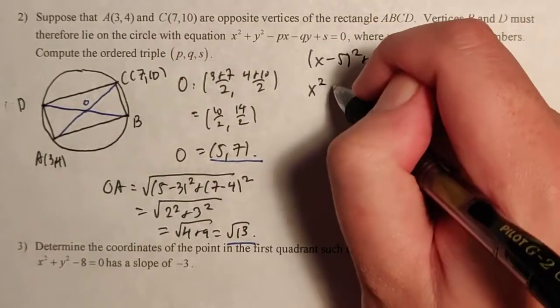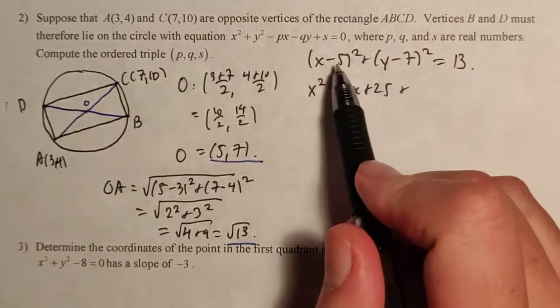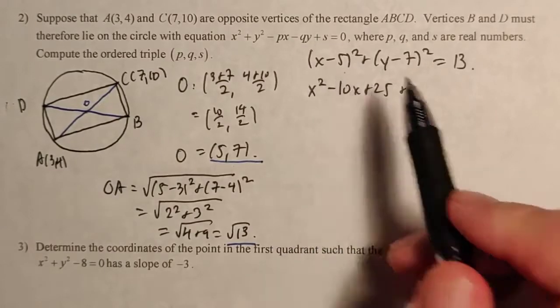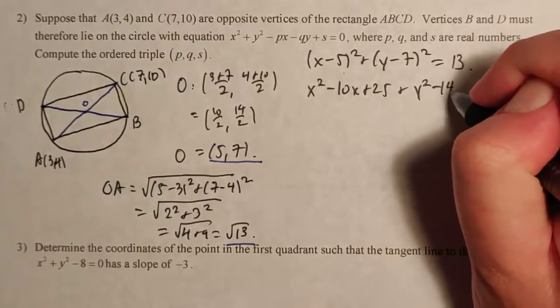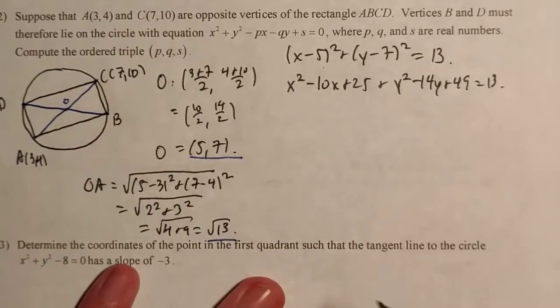So let's see, that's just algebra. (x minus 5) squared is just x squared minus 10x plus 25, right? Because we have an x squared, we have a minus 5x and another minus 5x, and then we have the positive 25. Same thing with (y minus 7) squared, we get y squared minus 14y plus 49, and that's equal to 13. So now it's just a matter of gathering all the terms.